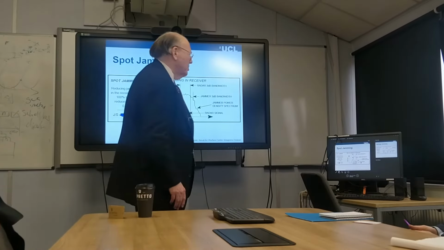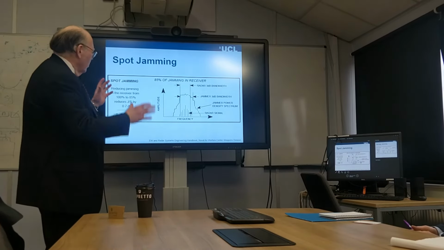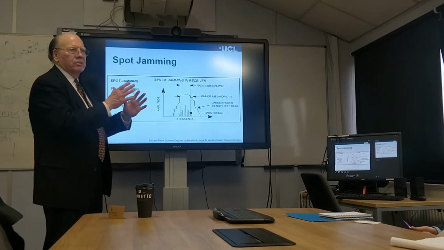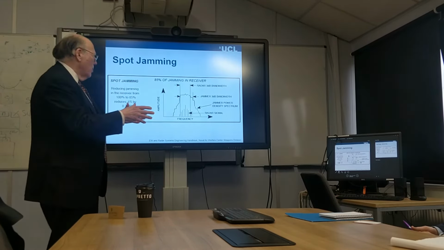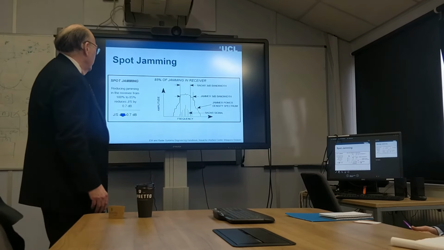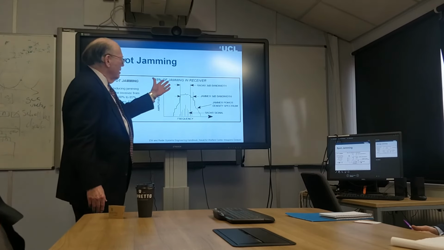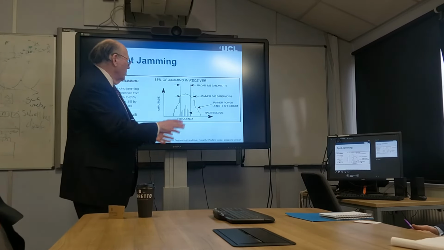Barrage jamming, spot jamming. Okay, spot jamming. In spot jamming, we center the jamming signal on the radar signal, and so we try to get as much energy into the radar as possible. Nominally, you get 85% of the jamming power into the receiver.